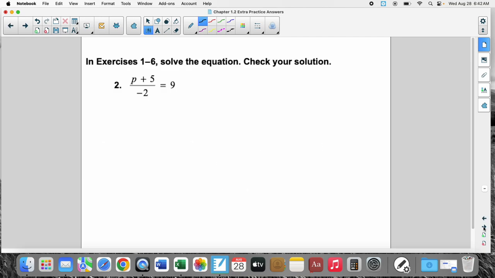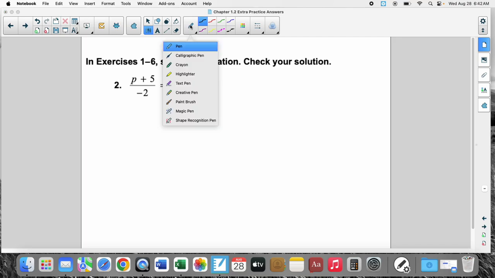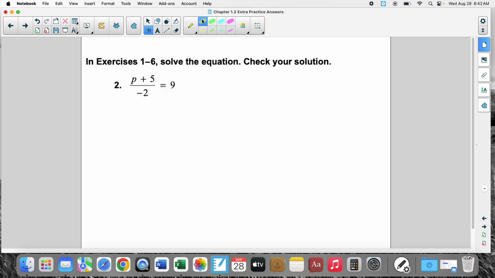Now, this is a little bit different. This is a vinculum. So we see that the variable and a constant is in the numerator. There's a couple things that you need to understand.